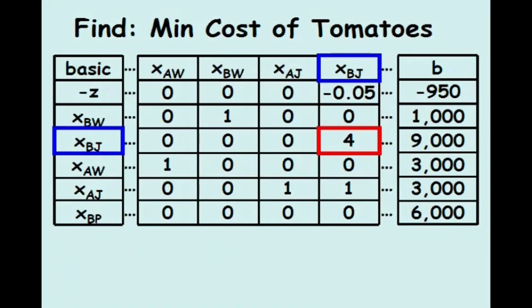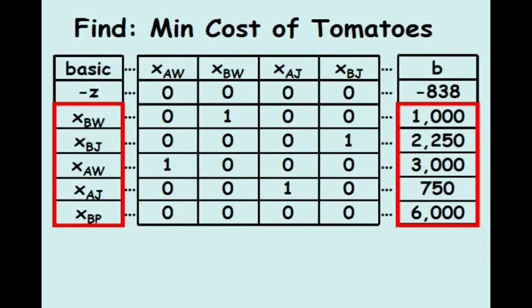After pivoting about XBJ, all non-basic cost coefficients are positive, which confirms we have reached a unique optimal solution. The values of these optimal decision variables are shown on the right-hand side of the tableau in column B.